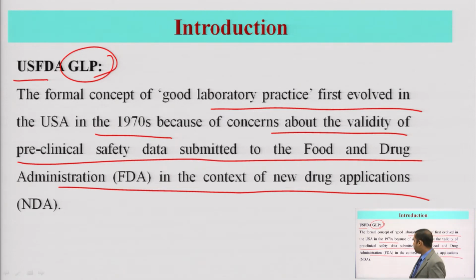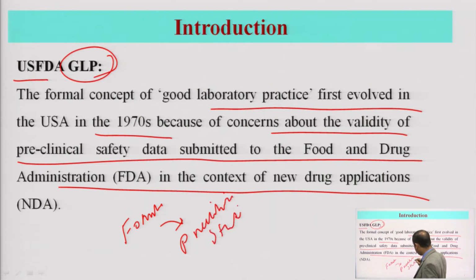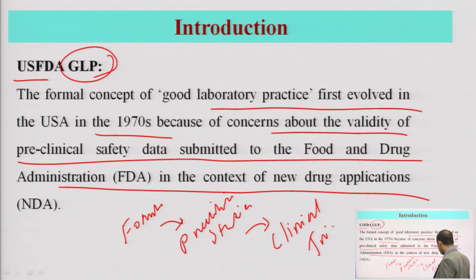In drug development, first we make some formulation, then we do some preclinical studies, then we do clinical trials. There are 3 phases, phase 1, phase 2 and phase 3, and after they pass, then FDA will approve.